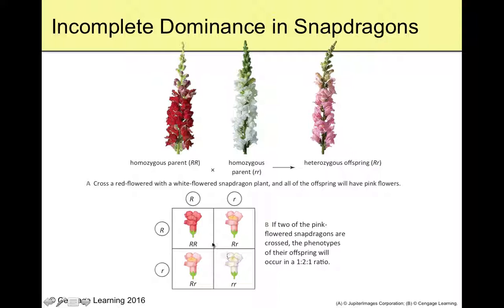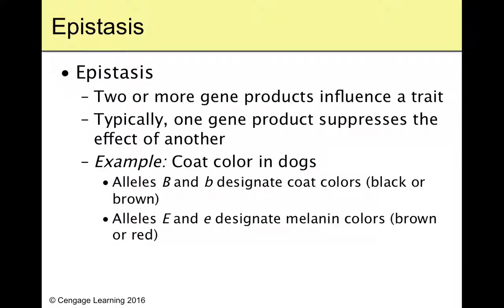And so your ratio becomes 1 to 2 to 1: 1 red, 2 pink, 1 white. Different ratio, different outcome in the phenotype for our heterozygotes, but all the laws still apply. So we haven't truly shattered all of the other things we had learned, like I had kind of teased you about a little bit. We can still use that stuff, that's nice.